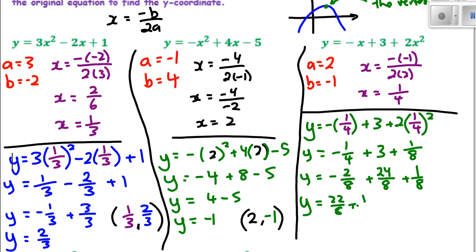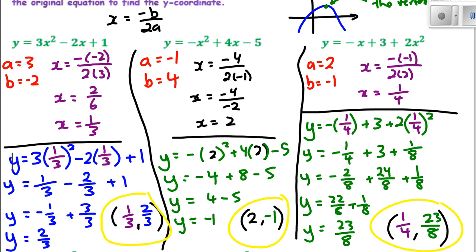So y equals 23/8. So let's write our final vertex. It's a quarter, 23 over 8. Hope I got that right. Hope I didn't make a boo-boo. It's the end of the day, so I'm a bit sleepy, so I could do something wrong.